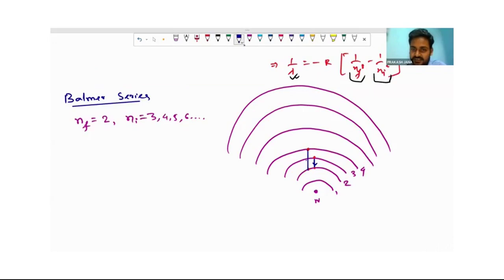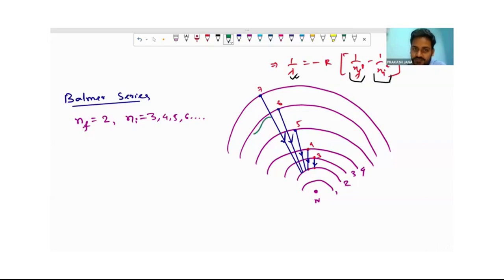Suppose it is jumping from a higher orbit to 2, from here to here. So these are the jumpings corresponding to n equal to 3, 4, 5, 6, 7. Radiation will be emitted corresponding to all of them.